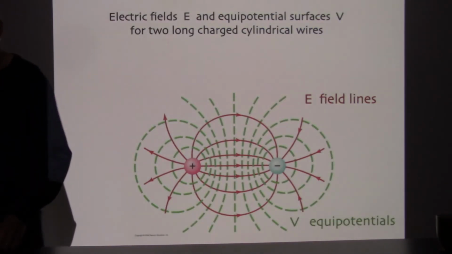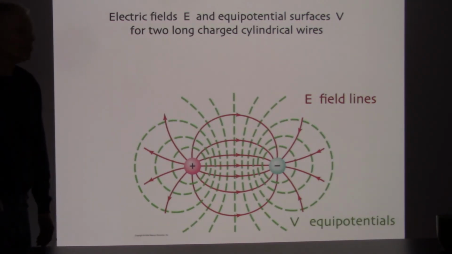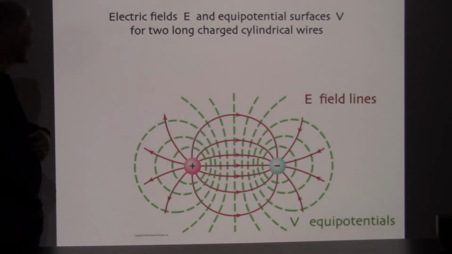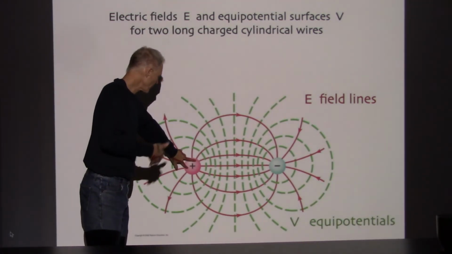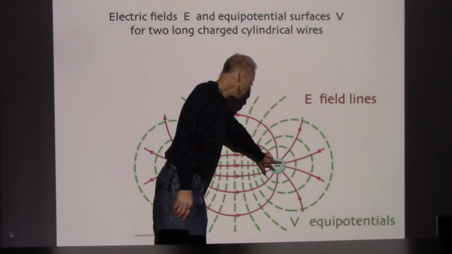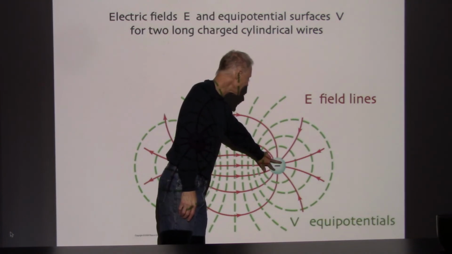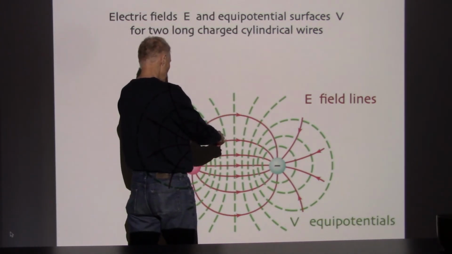And the first thing I'm going to do here is say, okay, what would the electric field look like between these two wires? So this wire has, for whatever reason, acquired a positive charge. This wire has acquired a negative charge. And what I've done is I've shown where the equal potentials are.